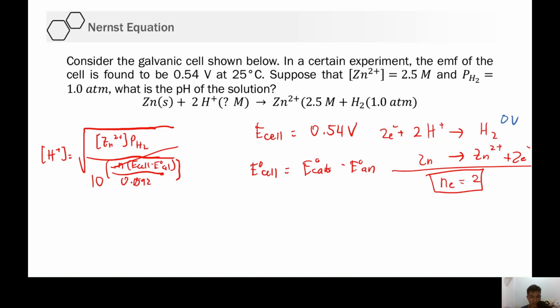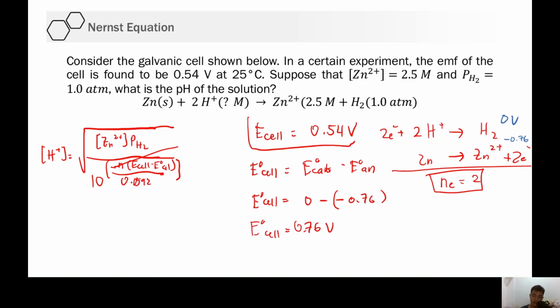For zinc, that's negative 0.76. So the cathode is the hydrogen, which is 0, minus negative 0.76 for the zinc. So the E naught cell is 0.76 volts.